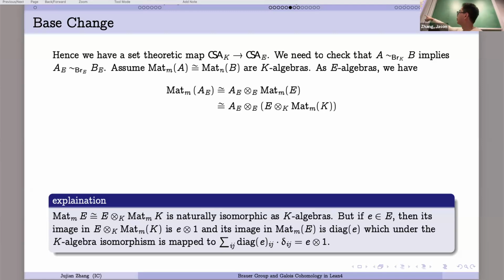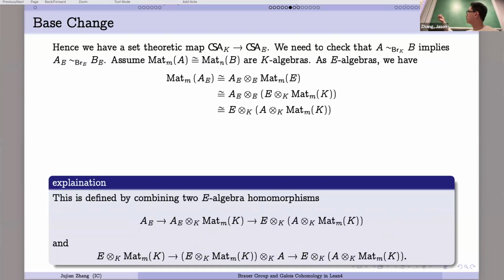It's because on the right hand side, this matrix E part is the same as this as K algebras. So this isomorphism is naturally just a K algebra isomorphism, but we can prove that it is an E algebra isomorphism as well, because for any element e in the field E, its image on the left hand side and the image on the right hand side are the same.